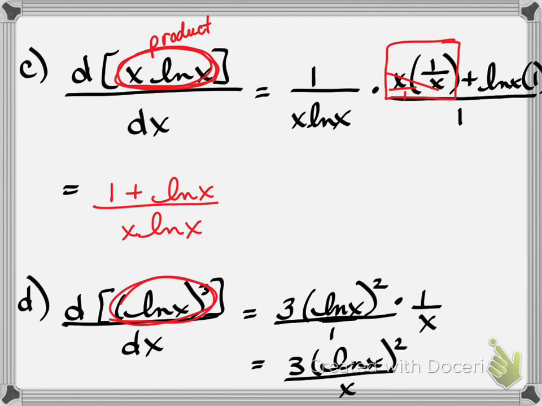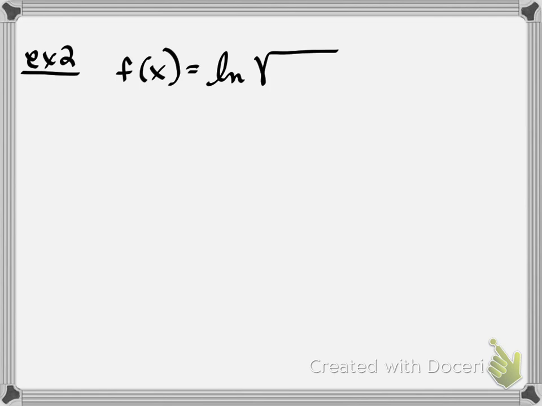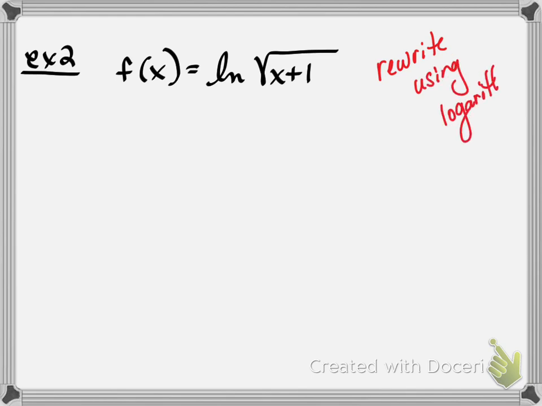Alrighty, we're going to do example 2. Differentiate f of x equals natural log of the square root of x plus 1. We could do this the way we were doing the others, but can we rewrite using logarithm properties, specifically the product, quotient, or power properties?